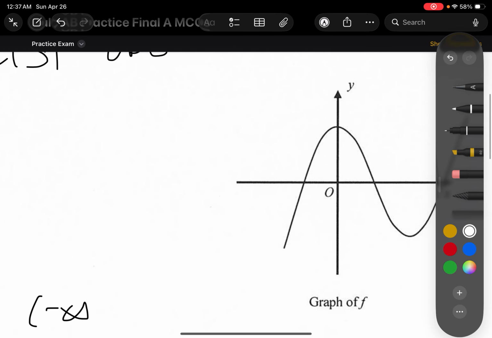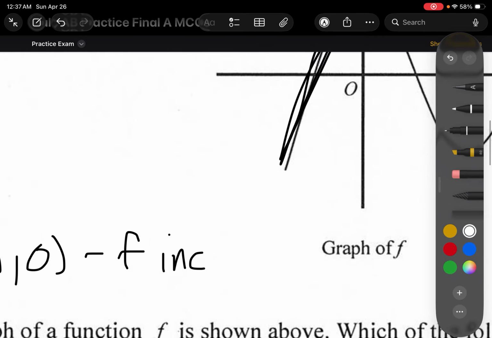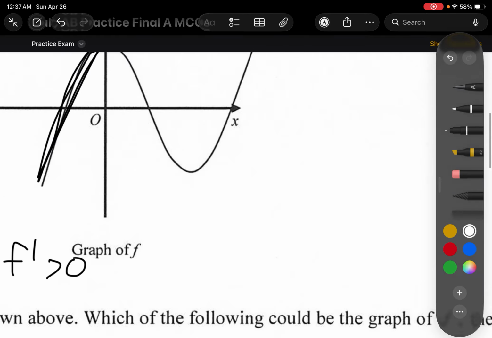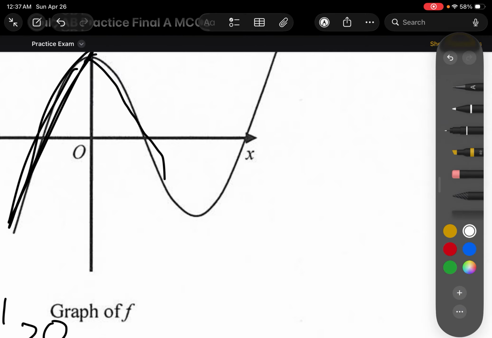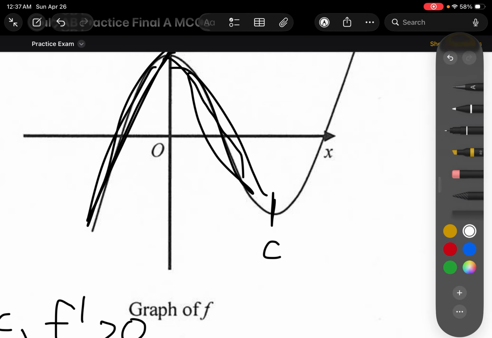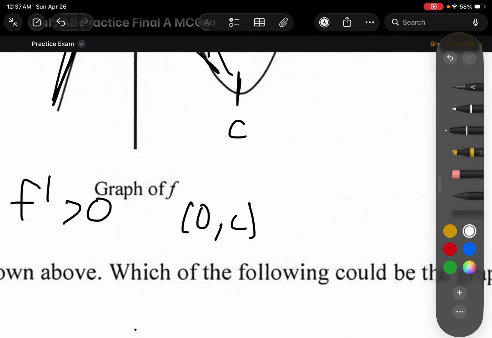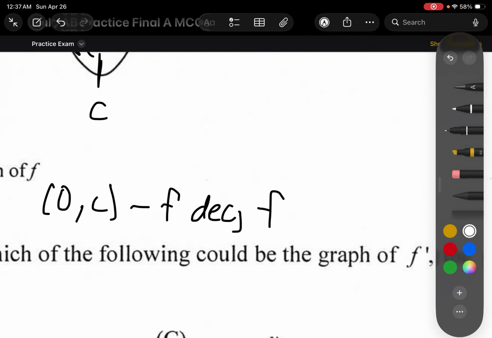From negative infinity to 0, from here to here, f is increasing, meaning f prime is greater than 0. Okay? So from 0, let's name this point C. From 0 to C, f is decreasing, meaning f prime is less than 0.